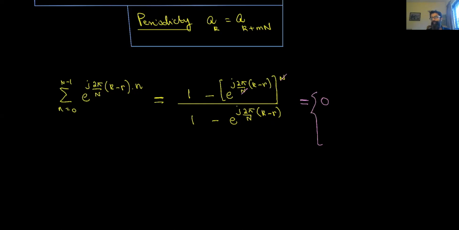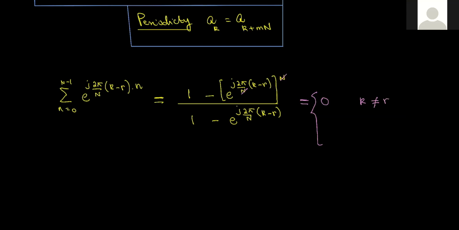There's a corner case here, and that corner case is when k equals r. What happens when k equals r? Hassan, आपने भी हाथ खड़ा किया था. So what happens when k equals r? So the exponential becomes the 1.